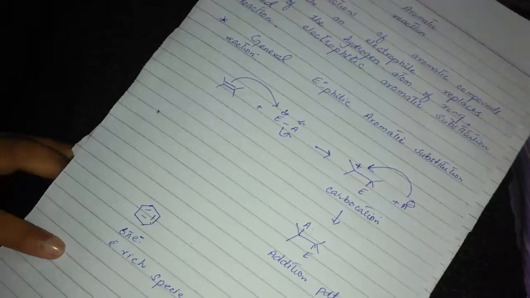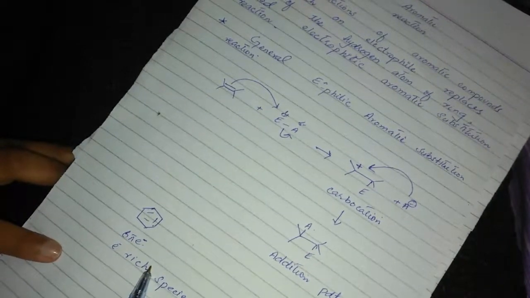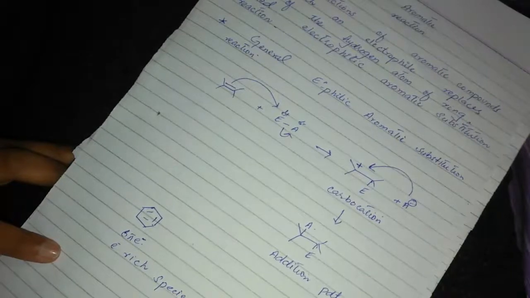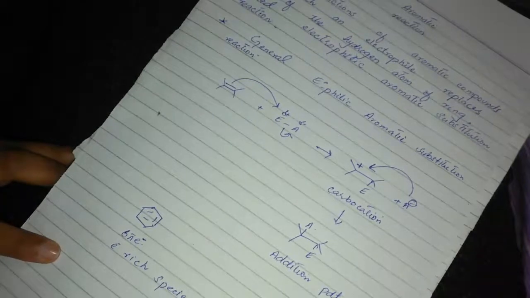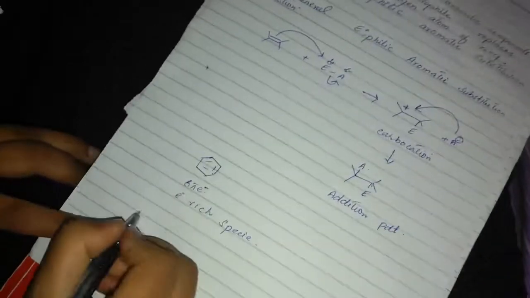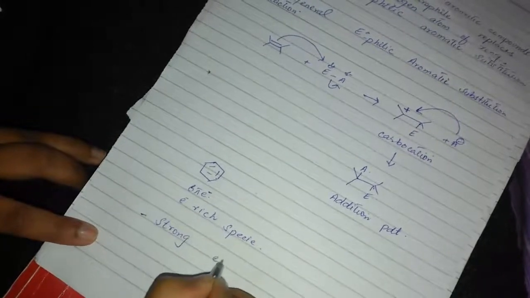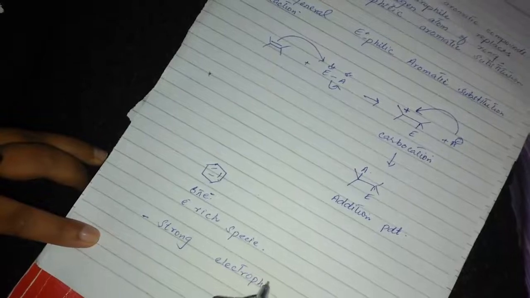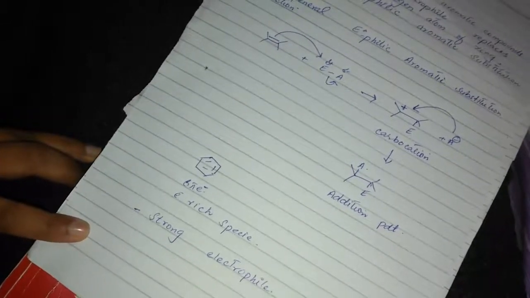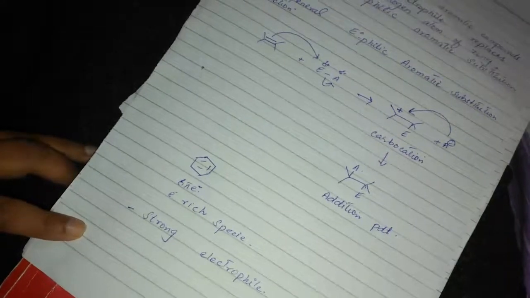Before we do the general mechanism, we must understand that the aromatic electrophilic substitution reaction only occurs with a strong electrophile. A strong electrophile is needed for the reaction to take place.